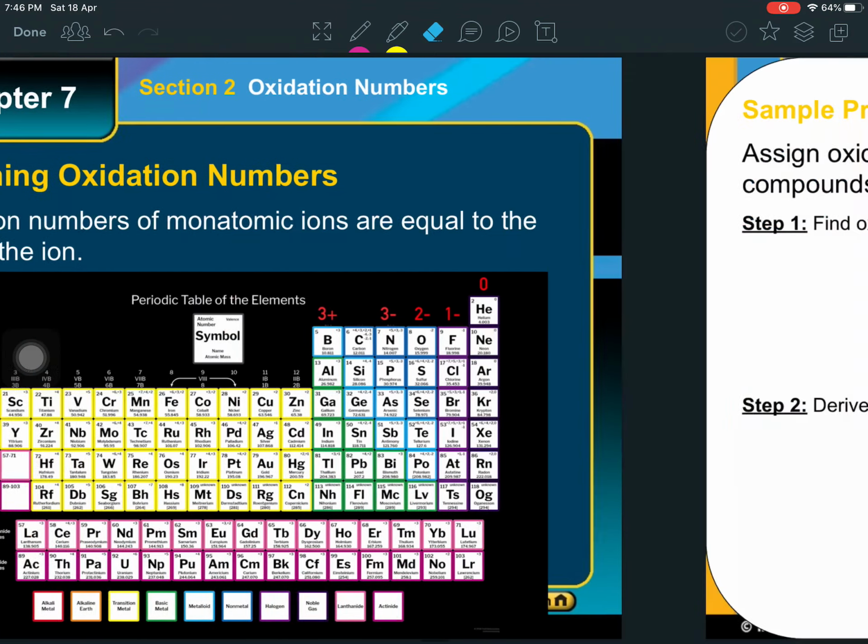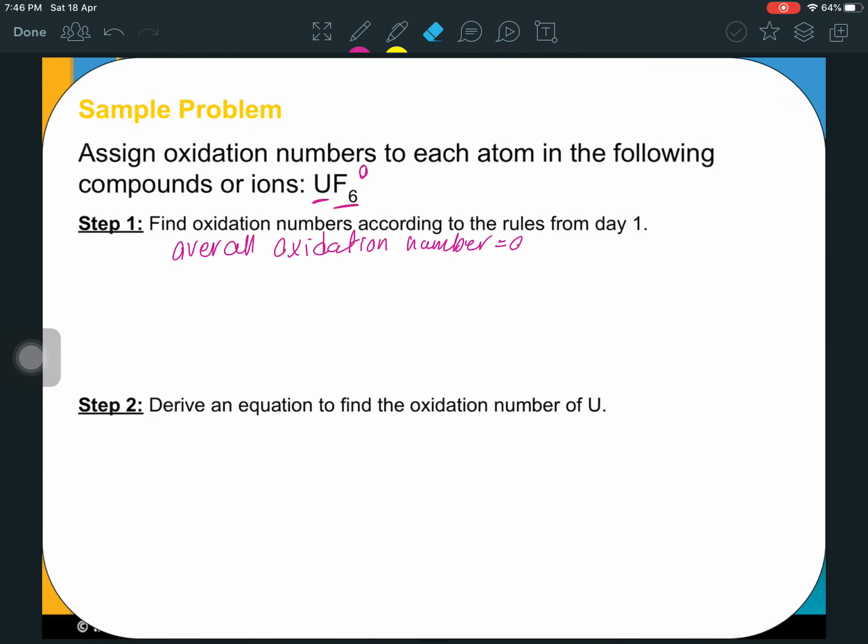So that's useful to us. All right, so we have uranium and we have fluorine. Fluorine has an oxidation number of -1 in any situation. So we know that we have an overall oxidation number of 0.